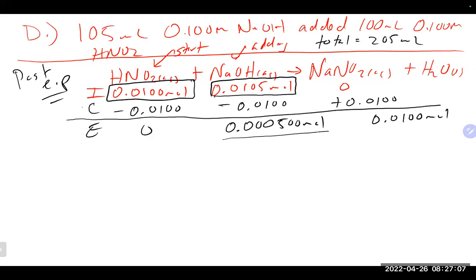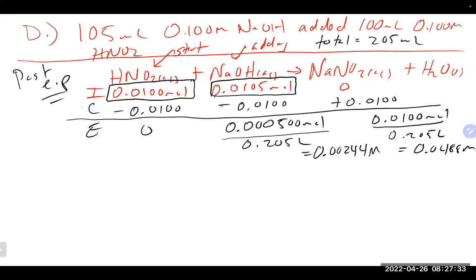So dividing this out by 0.205 liters, we'll convert these guys back to molarity here, and that would get us 0.00244 and 0.01 divided by 0.205, 0.0488 molar.